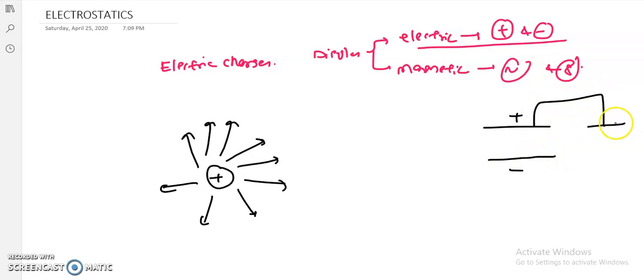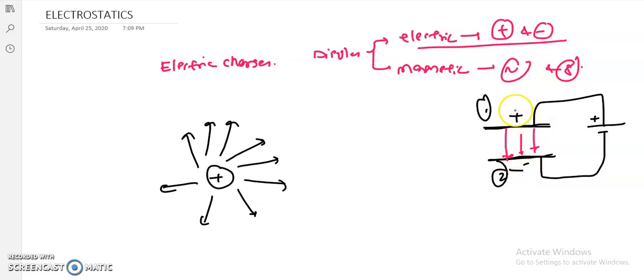Connect plate 1 to the positive terminal of the battery and plate 2 to the negative terminal of the battery. Now this plate becomes positive because it is connected to the positive terminal, and this plate becomes negative because it is connected to the negative terminal. In this case, the electric flux lines will be produced, and these electric flux lines will always flow from positive to negative, that means away from the positive and towards the negative. So this is the direction of the electric flux lines.